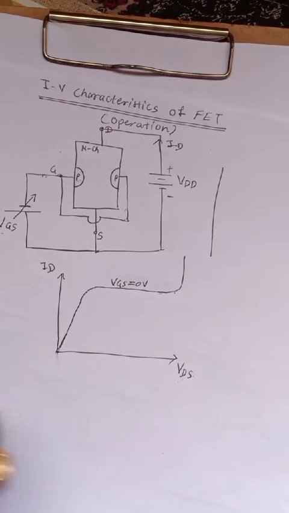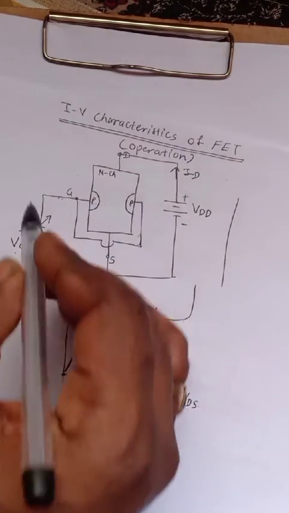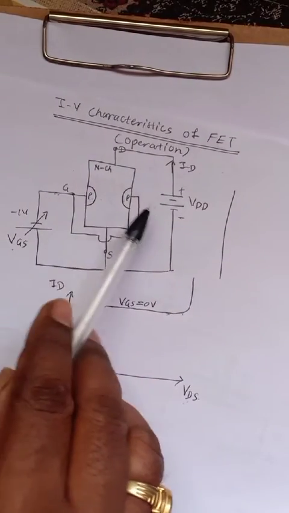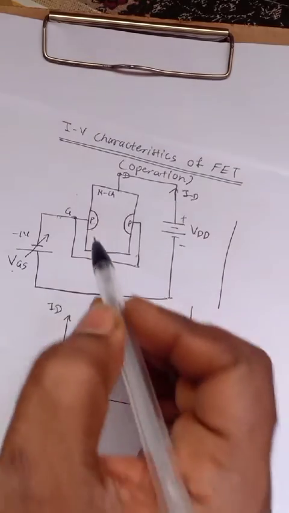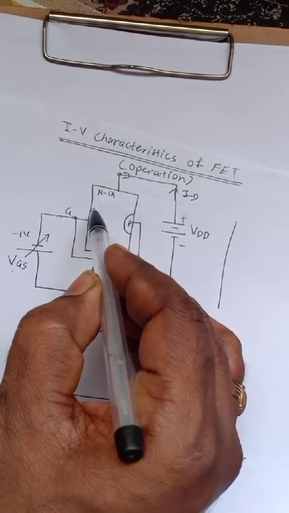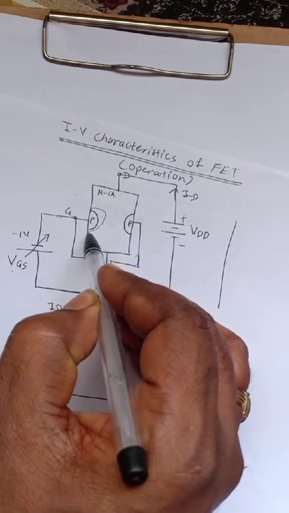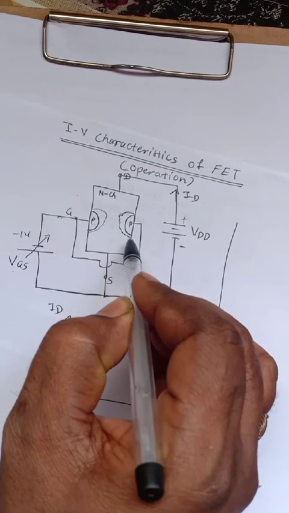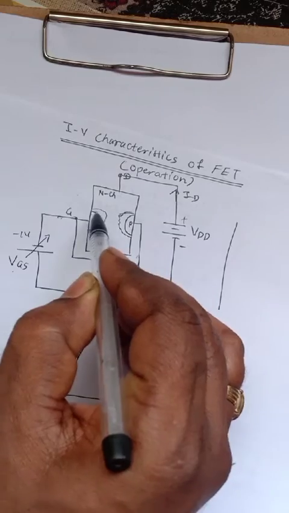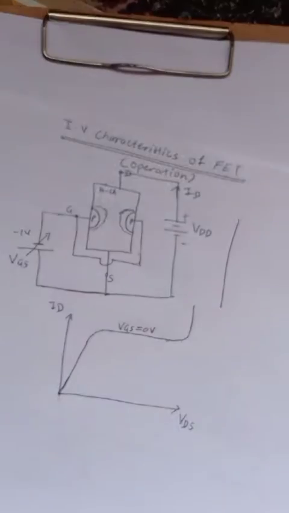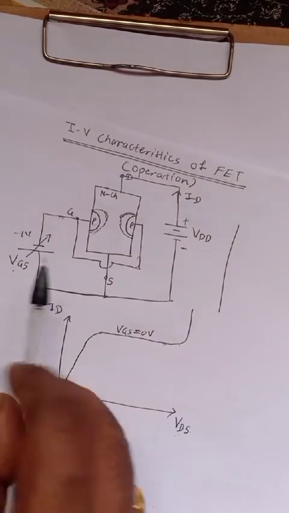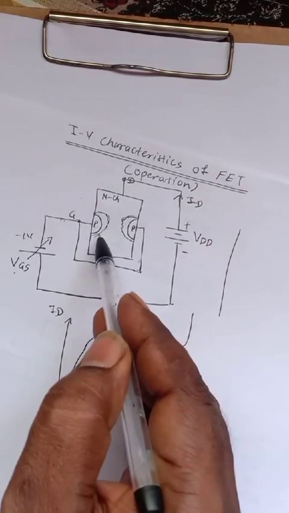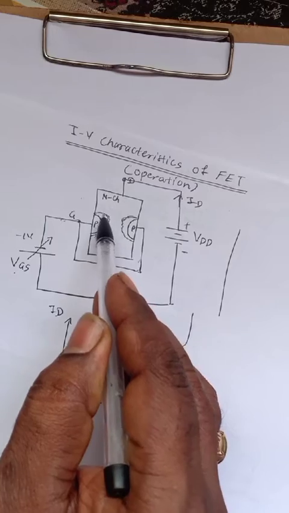If VGS equal to -1 volt is applied, these two junctions get reverse biased and a depletion layer is developed at both junctions on the opposite sides, because we know that as we increase the reverse bias, the depletion layer increases. I taught you about this.